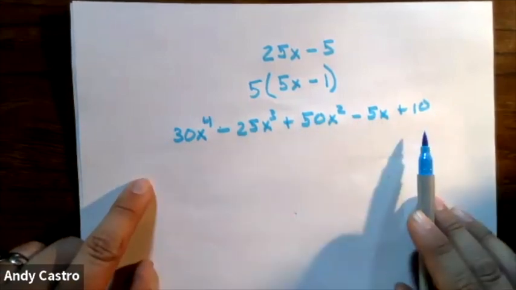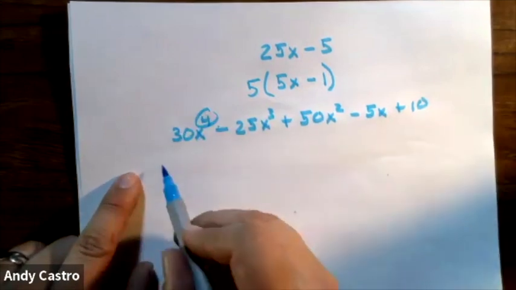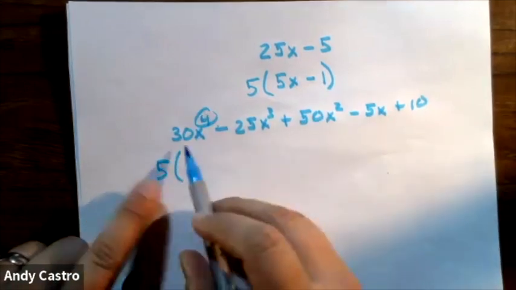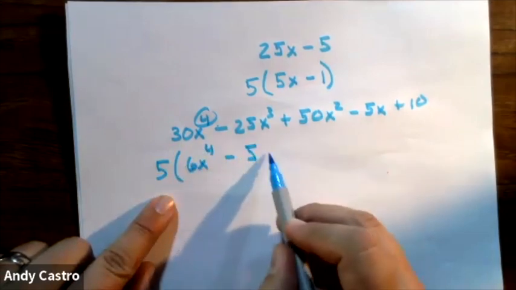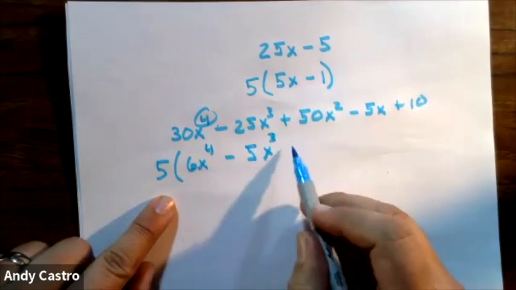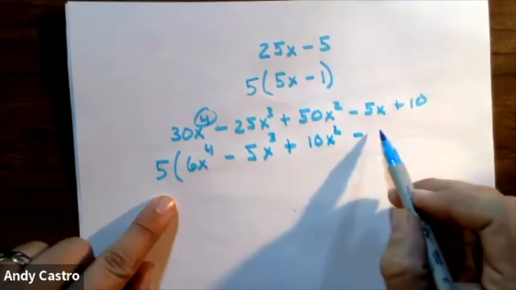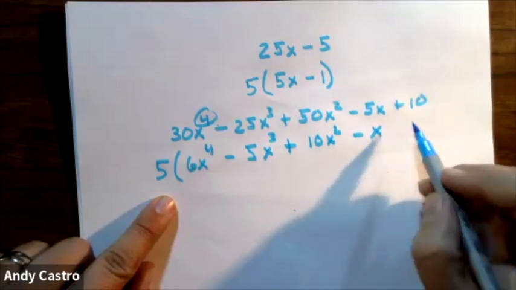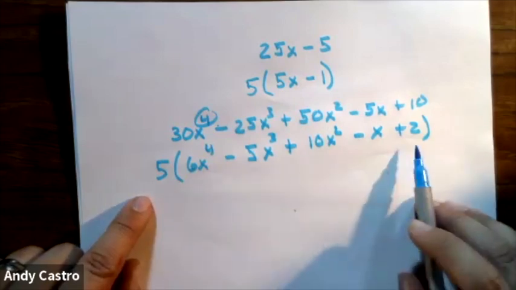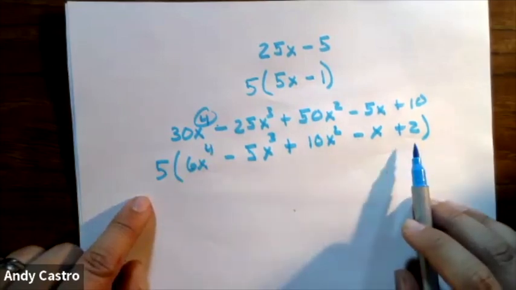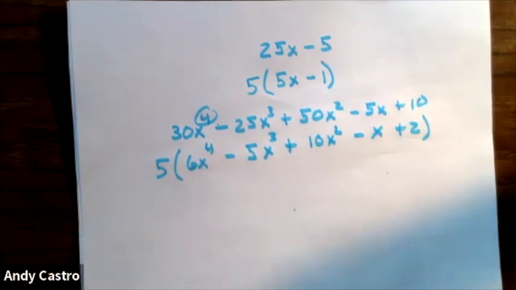This is a 5-term polynomial of degree 4. I could factor a 5 out of each one of these. And I'm left with 6x to the 4th minus 5x to the 3rd plus 10x squared minus x plus 2. Common factor. Everything has an x as well except for this, so I couldn't pull out any x's.